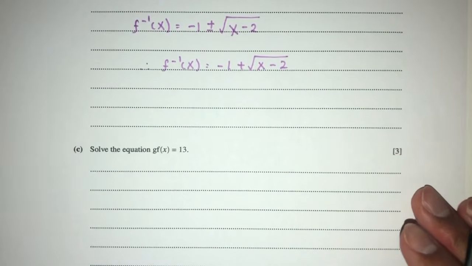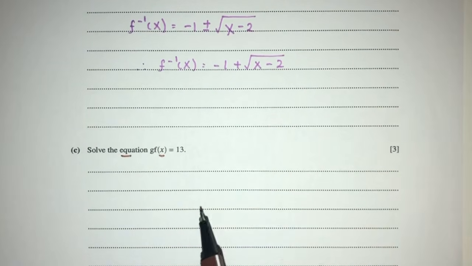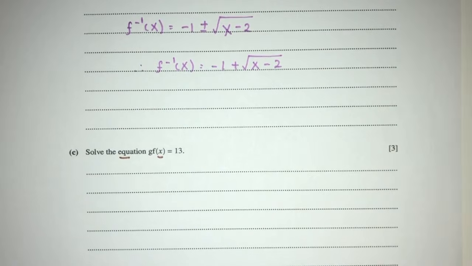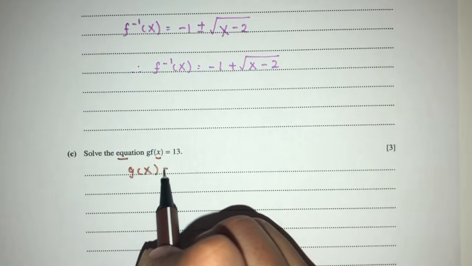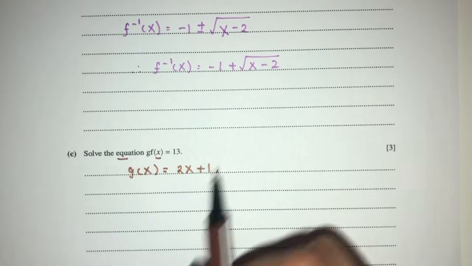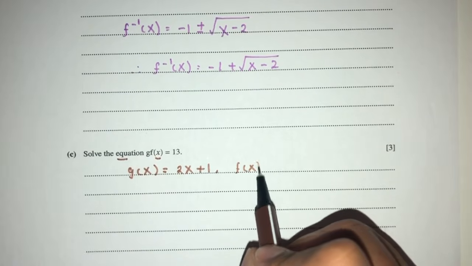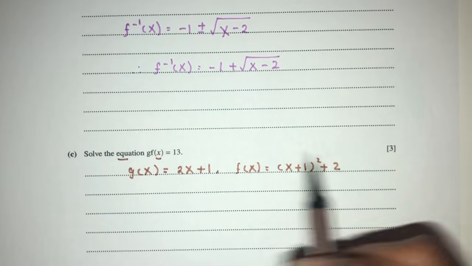So now we have to solve the equation. So we have to find the value of x. So let me write down the value of g of x. So g of x was found to be, from part 1, 2x plus 1. And then f of x we have seen is (x plus 1) square plus 2.